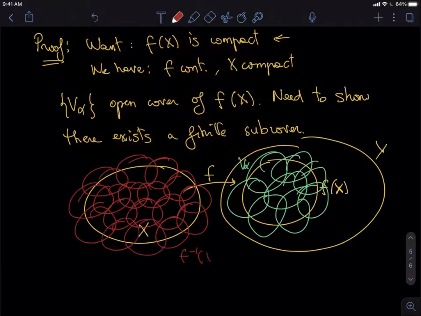These are the preimages of the V alphas.